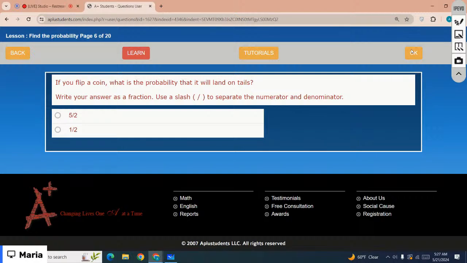If you flip a coin, what is the probability it will land on heads? So, which is the correct option? The correct option is 1 over 2, right?